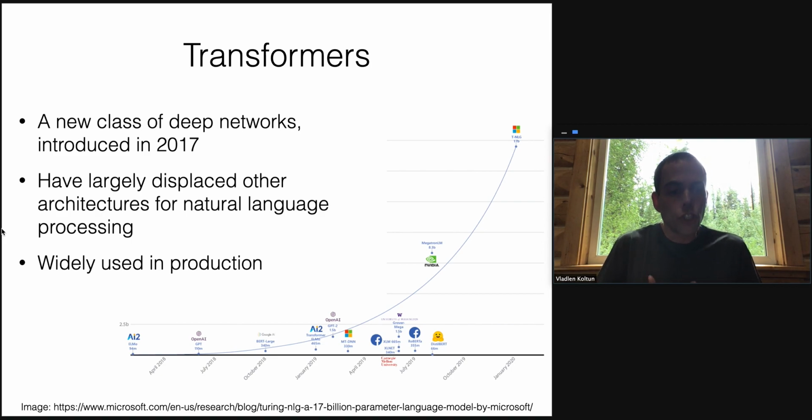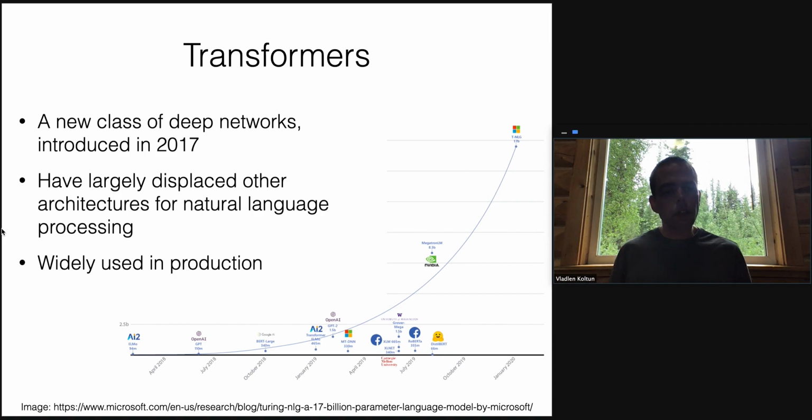These are a genuinely new class of models, a genuinely new architecture that has displaced other architectures for natural language processing.